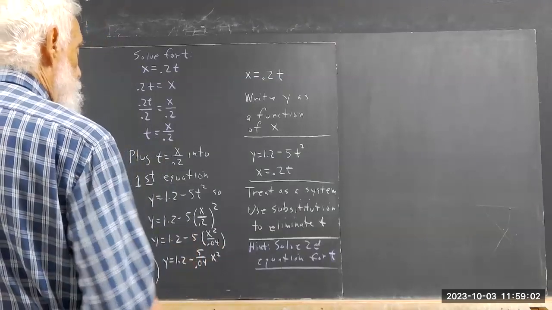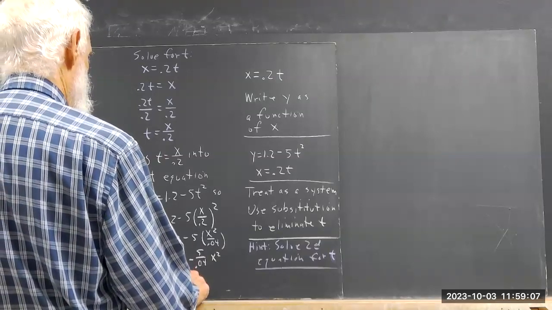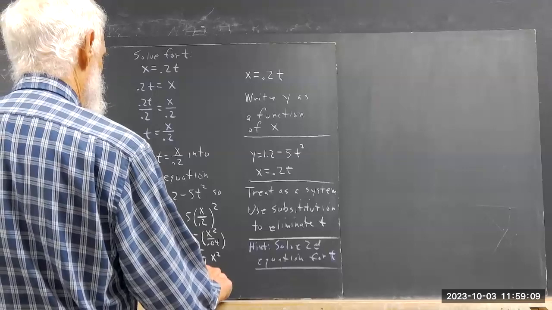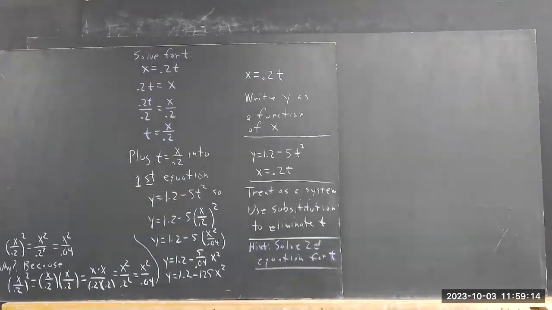Well, you divide 5 by 0.04, you get 125. Something's wrong with that. Kind of ridiculous. But let's pretend it's right.